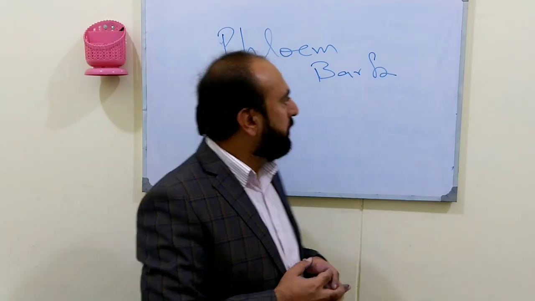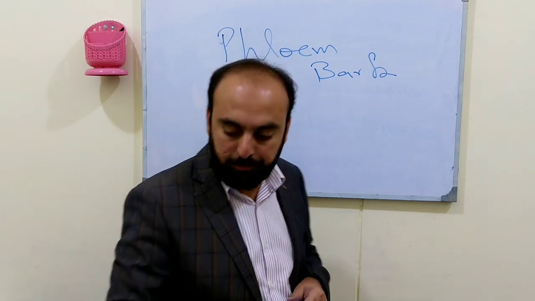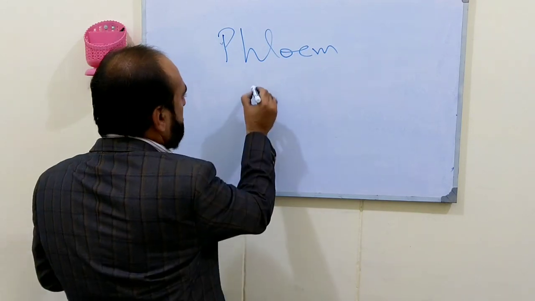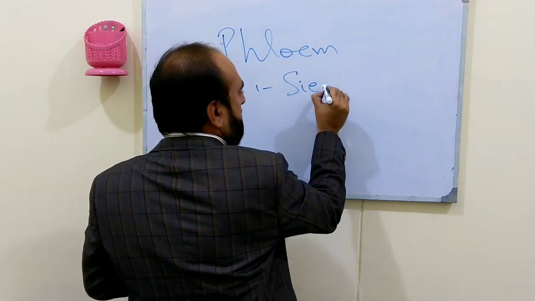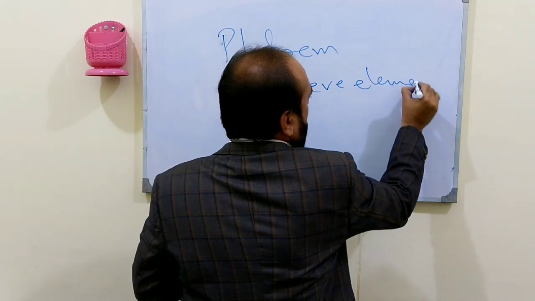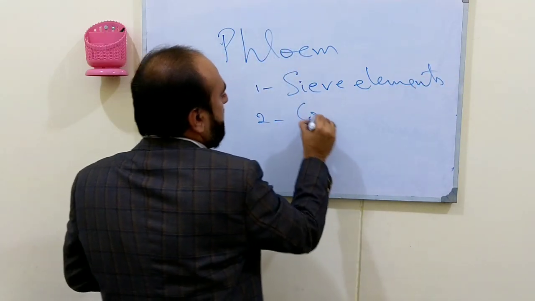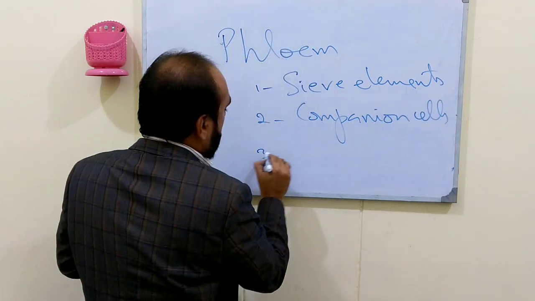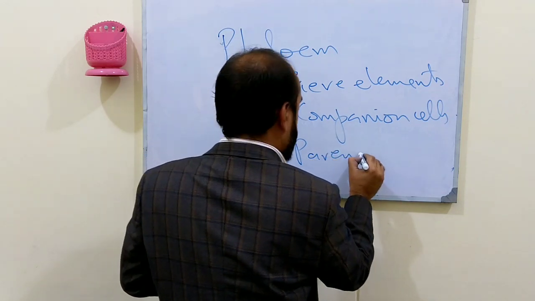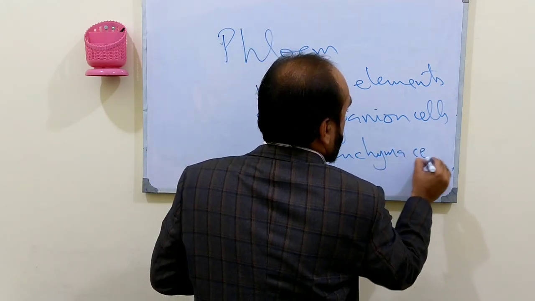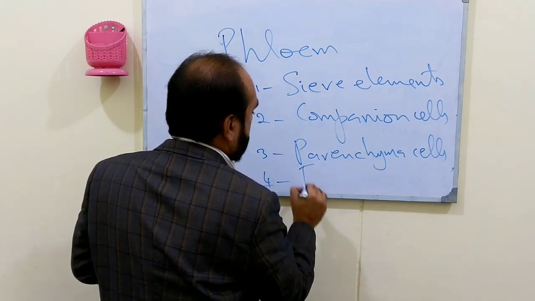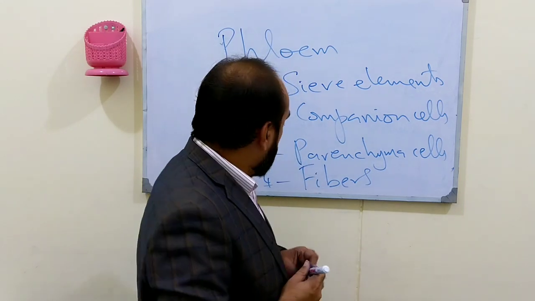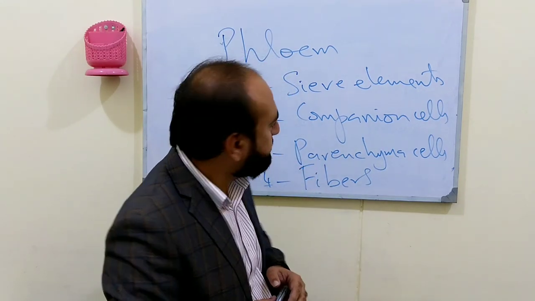the plants. Phloem is also a complex permanent tissue that consists of 4 types of cells: sieve elements, companion cells, parenchyma cells, and fibers, sclerenchyma or phloem fibers.